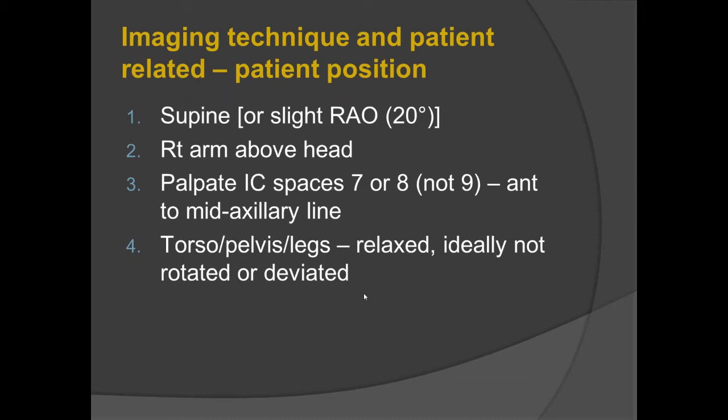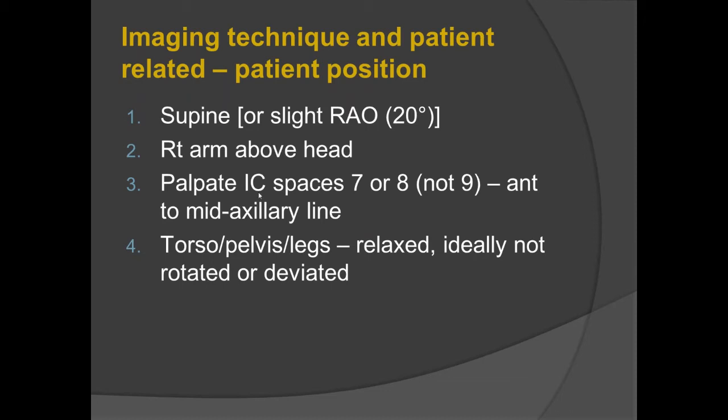We tried to adapt a Fibroscan technique where the patient was on their back or rolled up, right arm above their head. We tried to use intercostal spaces and rotate the legs away.